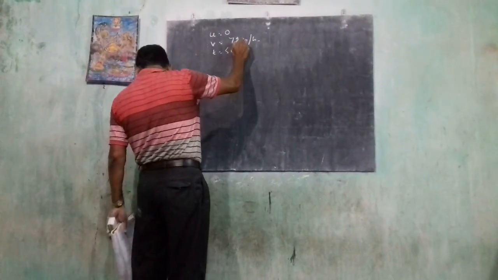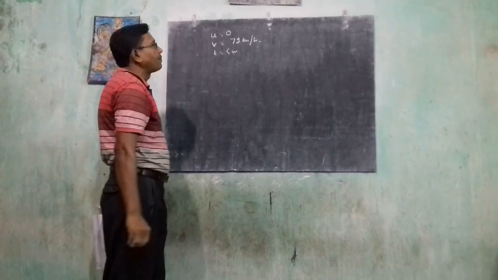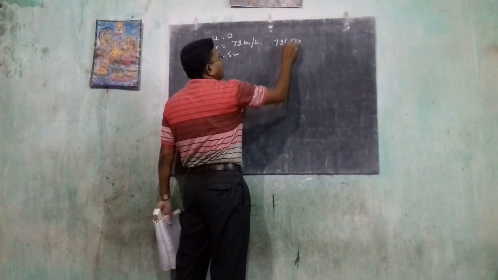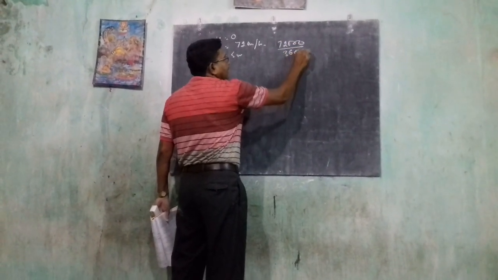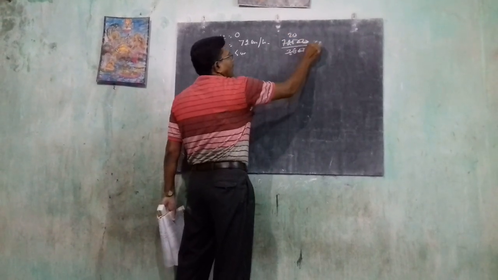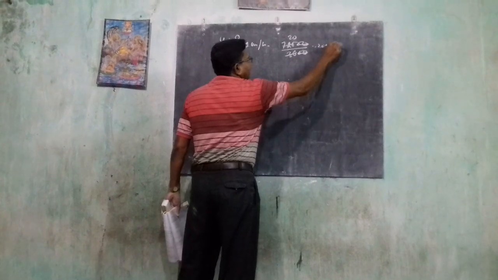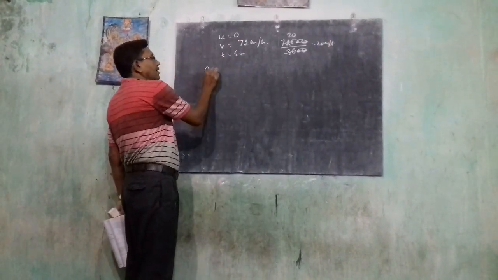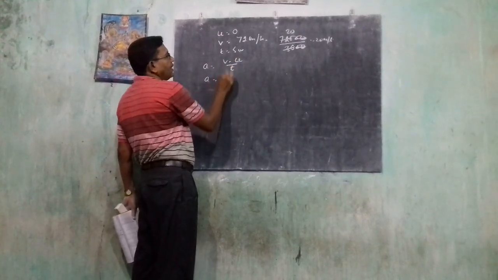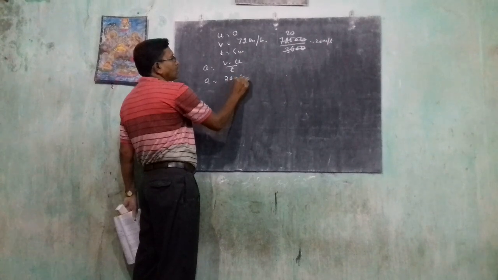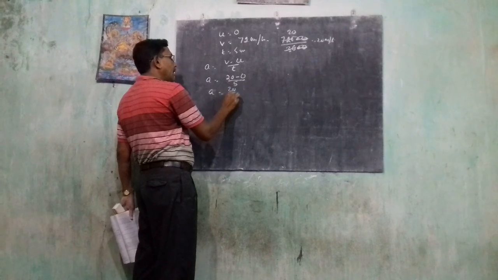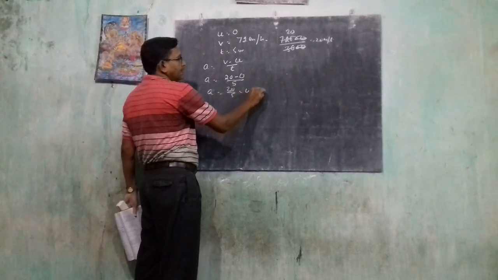Here first, convert this 72 kilometer per hour into meter per second. 72 kilometer per hour is 72,000 meters by 3600 seconds. The double zeros cancel, then 72 by 36 is 2, so 20 meter per second. Then we find the acceleration. a equals v minus u by t, so a equals (20 minus 0) by 5 seconds, which means a equals 4 meter per second square.